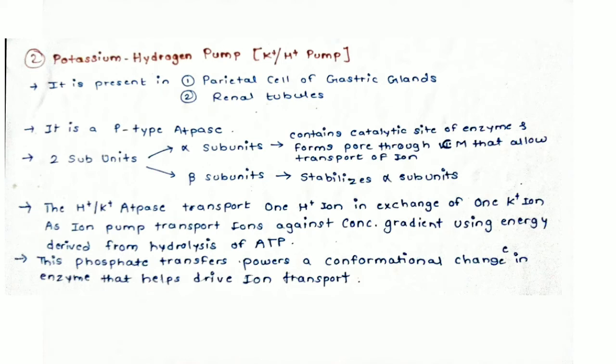So the potassium hydrogen ATPase transports one hydrogen ion in exchange for one potassium ion. The ion pump transports ions against the concentration gradient using energy derived from the hydrolysis of ATP. This phosphate transfer powers a conformational change in the enzyme that helps drive ion transport.